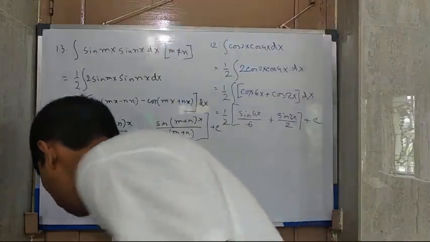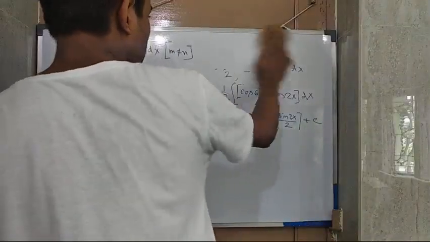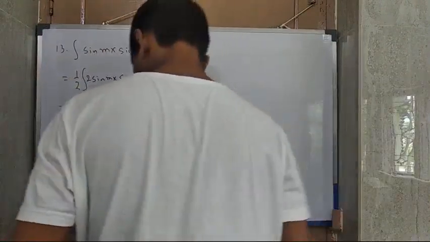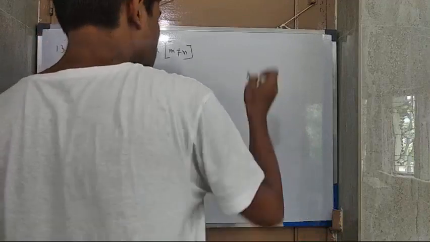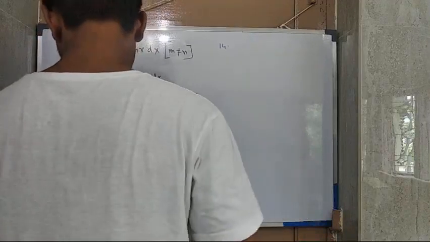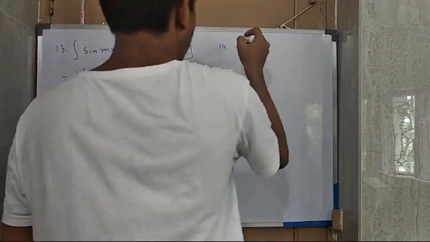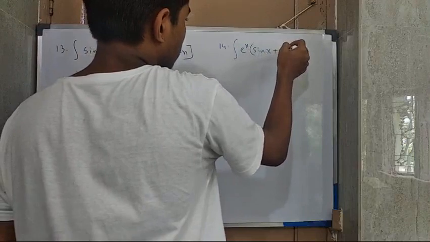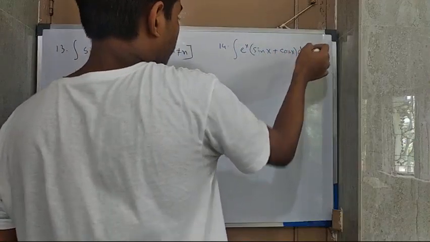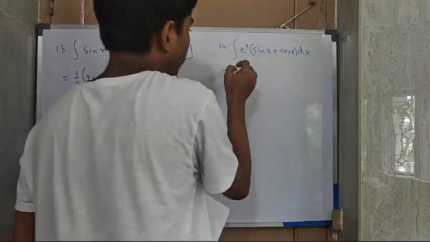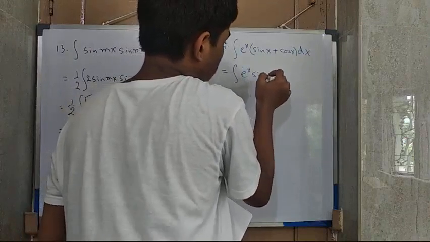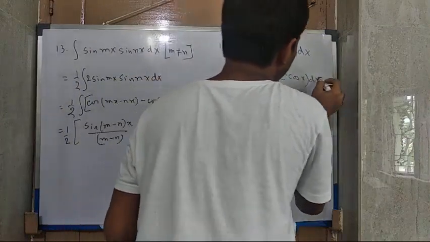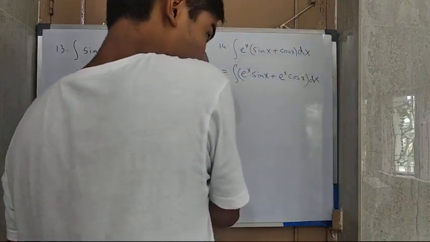And now let's proceed to the 14th one, which is the integral of e to the power x times (sin x plus cos x) dx. This can be written as the integral of e to the power x sin x plus e to the power x cos x dx.